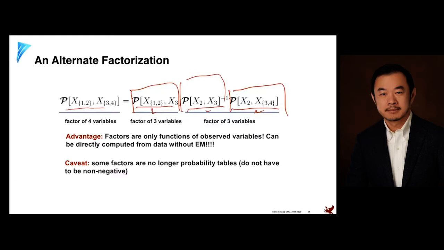It's a matrix of numbers. There isn't an explicit probabilistic meaning for that matrix. Okay, but you can still obtain it and compute it. It's just that the interpretability of this is not as explicit or straightforward as what a hidden variable would provide you. Okay, so this factorization is known as the observable factorization.